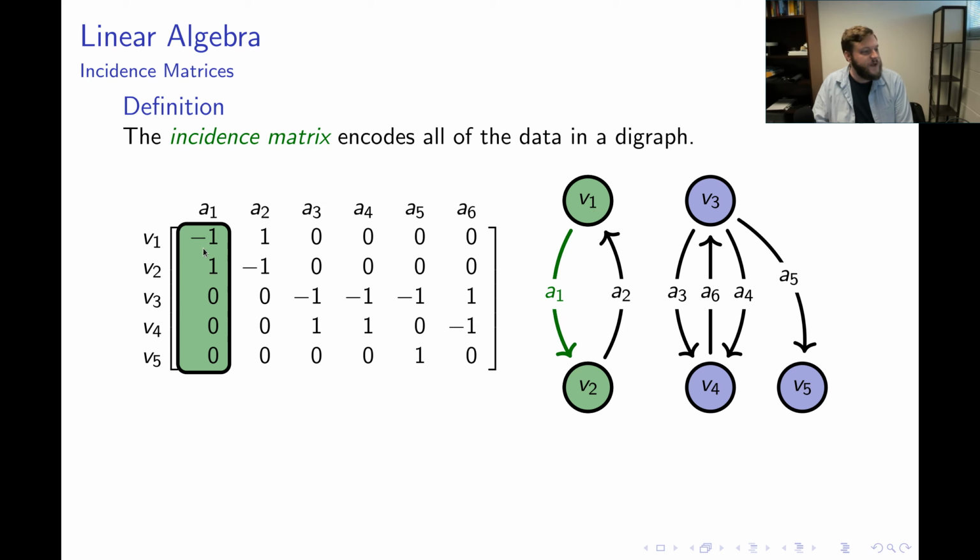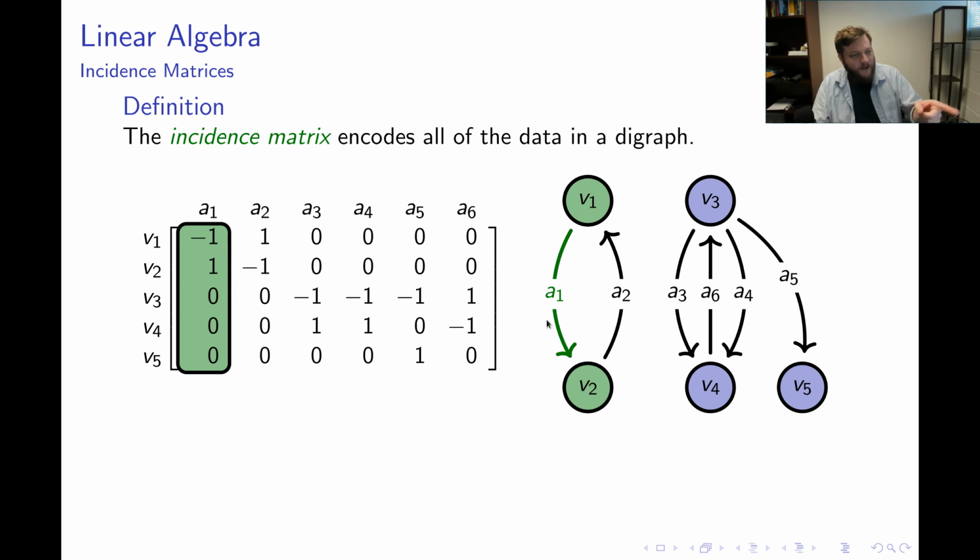So what we do is we go entry by entry here and label each entry either with a 0, a -1, or a 1, depending on whether the arrow starts at the node, terminates at the node, or ignores the node. If we start at node V1, which this arrow does, we label that corresponding entry with a -1.